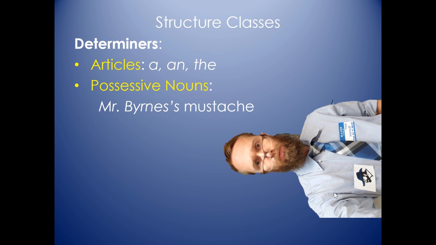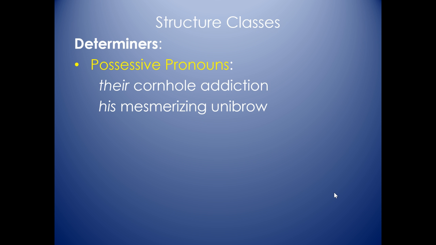So the articles always let me know there's a noun showing up. Something which is possessive, like Mr. Burns, is letting me know that there's going to be a noun showing up. In this case, mustache. There he is. Or bacon's aroma. Bacon's is the determiner. Bacon by itself is a noun. Bacon's becomes the determiner.